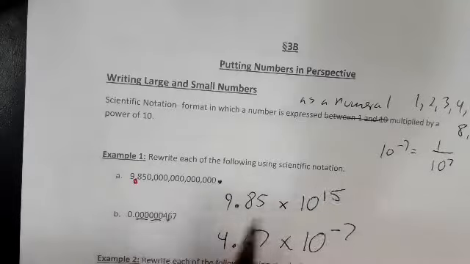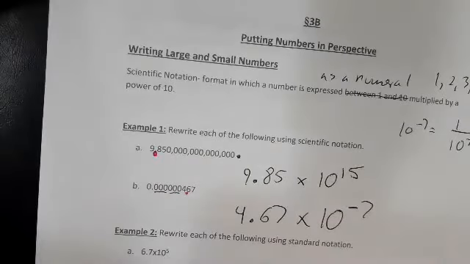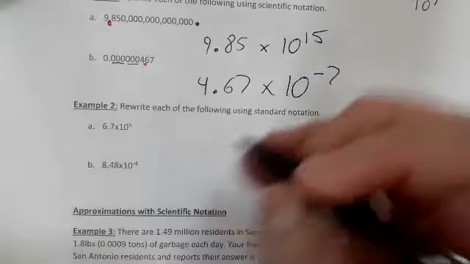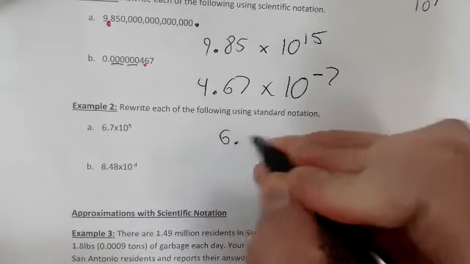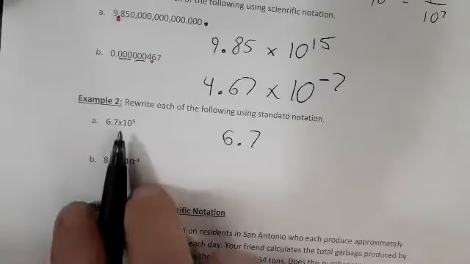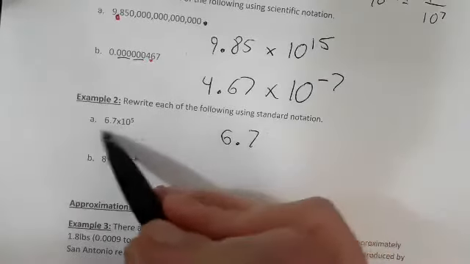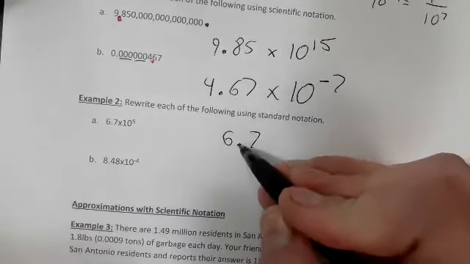So we're starting out here in standard notation, and they want us to write it in scientific notation. Now we're going to go the other way around. We're going to start in scientific notation and rewrite this in standard notation. 6.7, and this is times 10 to the 5th. This is a positive 5. So if it's positive, this number should be getting larger. It should be a large number.